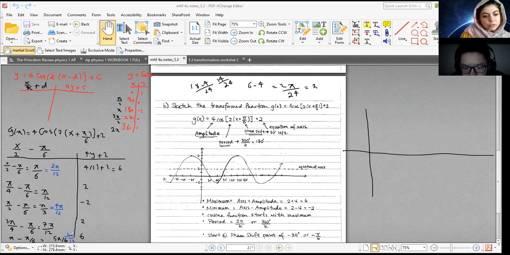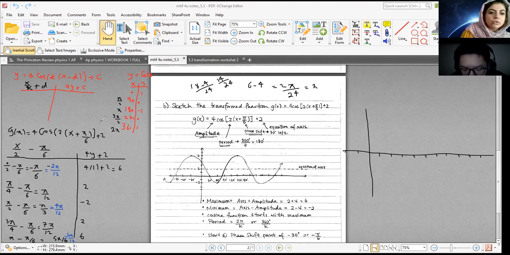I have to graph 10 of them. So 1, 2, 3, 4, 5, 6, 7, 8, 9, 10. So this is my last number. And here from that, since this is negative, I have to do 2 of them at this side.